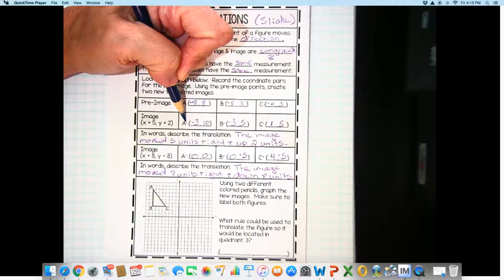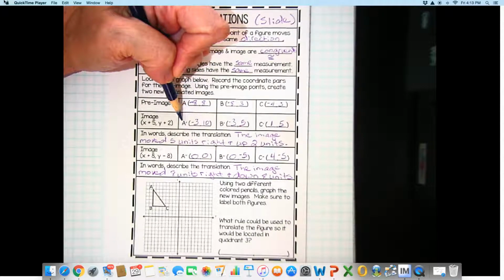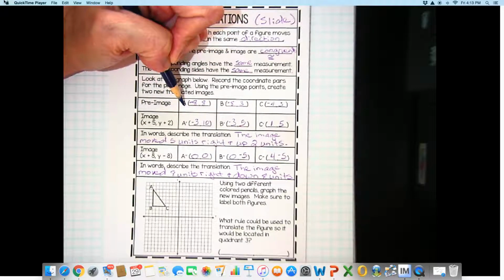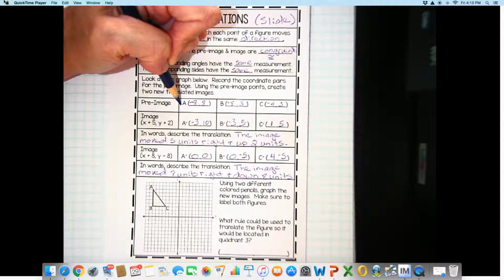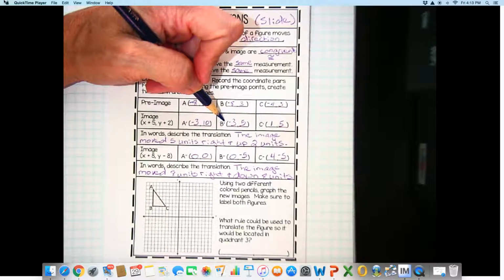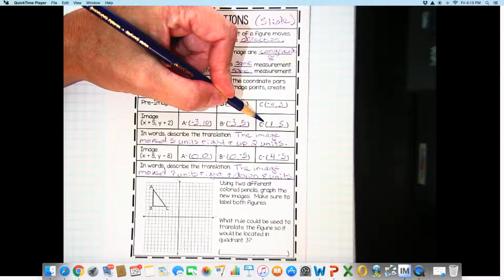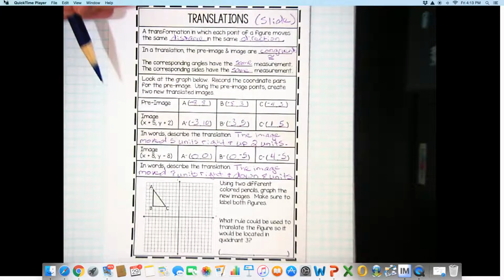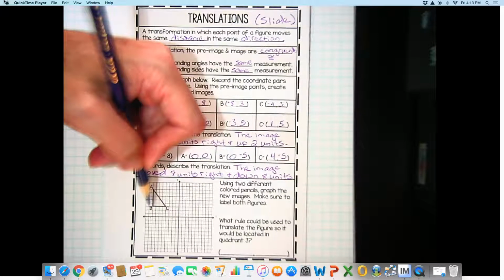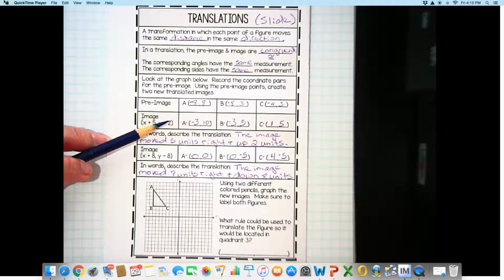That's called a prime. And that's just so that when you graph it and you label it, you know that this one is the image and the original one, or the pre-image, is the one without the primes. So see how this A has a prime next to it, this B has a prime next to it, and the C has a prime next to it. It just helps you make sure that you understand, when you're looking at it and you have it graphed, that this was the original one. And when we graph these 3 points, those are going to be this image right here.